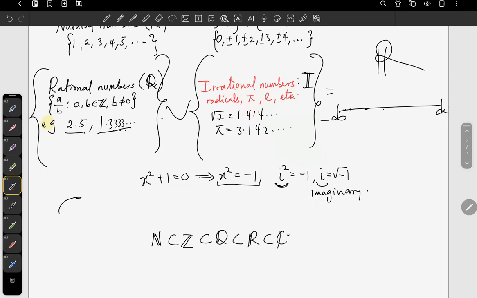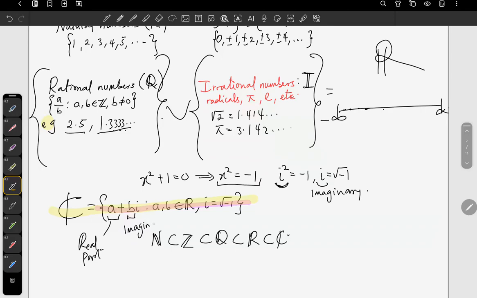So the complex numbers, denoted as C, are the set of all numbers of the form a plus bi such that a and b are real numbers and i squared equals -1. So a and b are the real numbers, while together they form what we call the complex numbers. This a is called the real part, and this b is called the imaginary part.